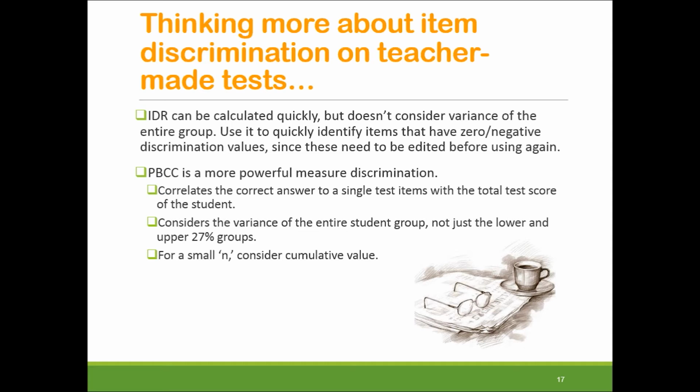Think about the kinds of things that can impact your discrimination values. If you're seeing poor discrimination with a question, ask yourself some things about that particular item. For instance, is this particular test item outdated? Maybe that's the reason why a lot of people that you would expect to get the question right, like your high-performing students, are not answering it correctly.